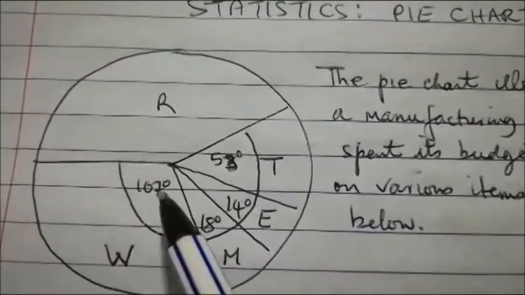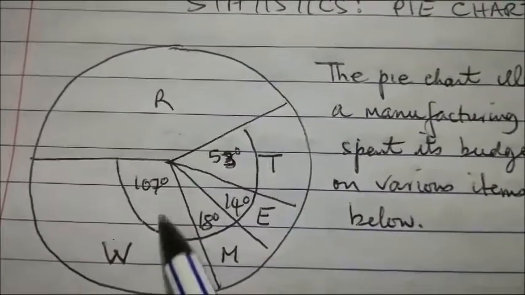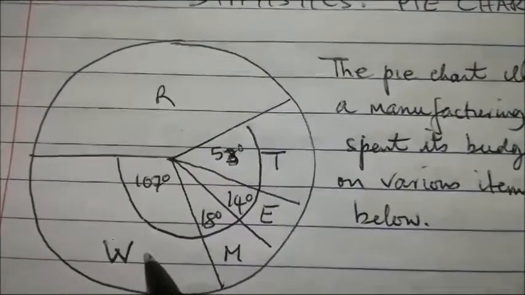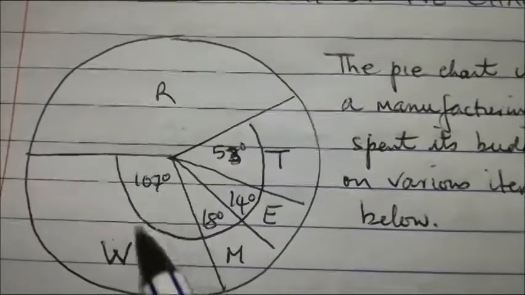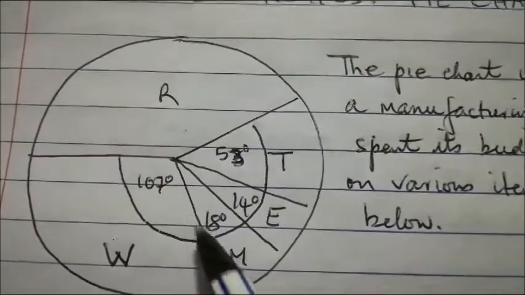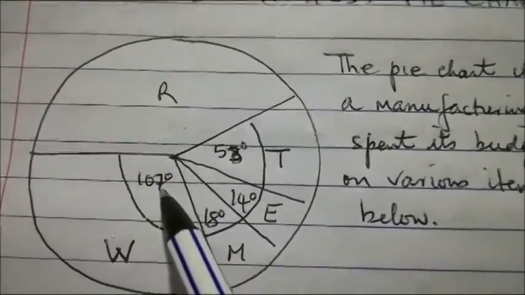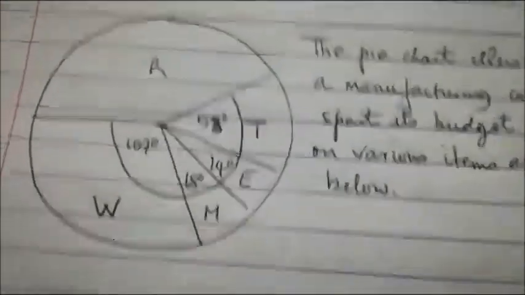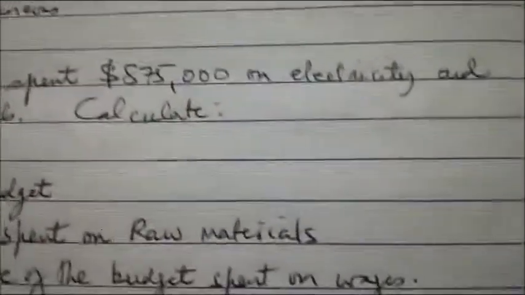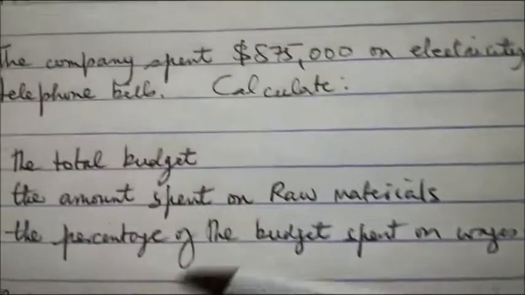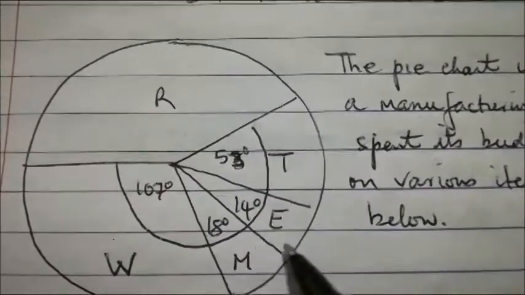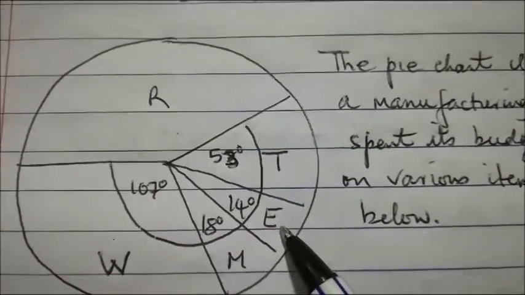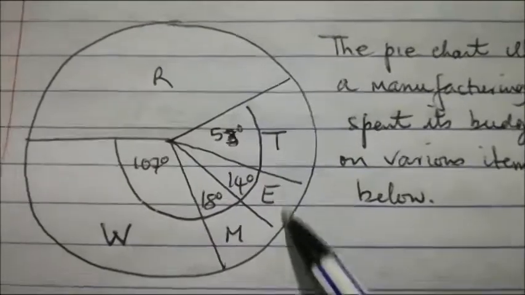And if you wanted to find out what the amount spent on wages and salaries is, then you would establish a relationship between 14 and 107, and you calculate just like how we did the three sections here. There's always a relationship between the measure of the angle and the amount of money being spent on each item.